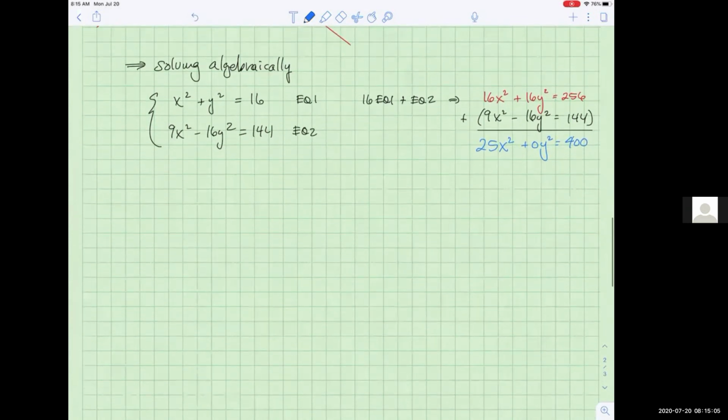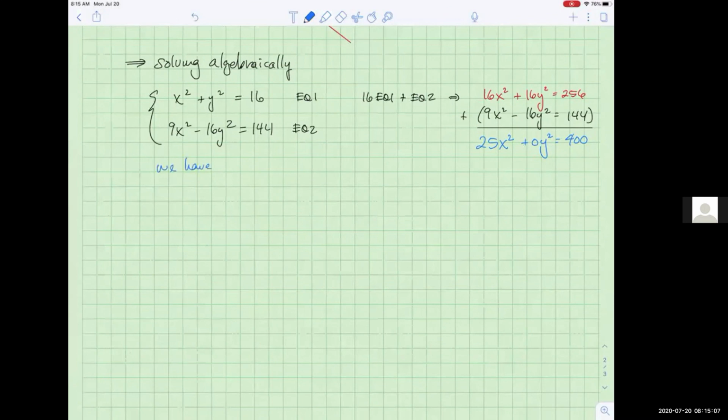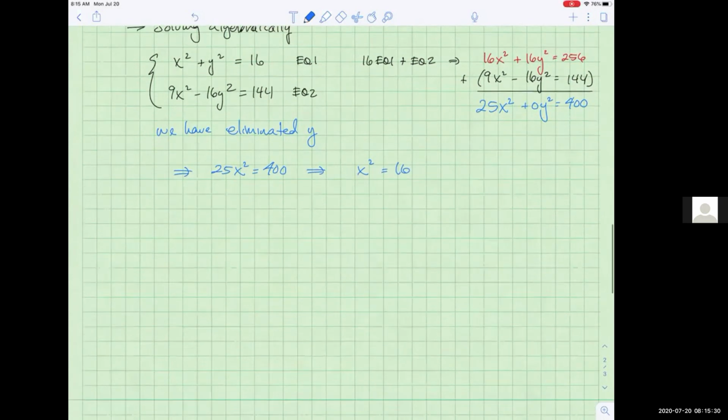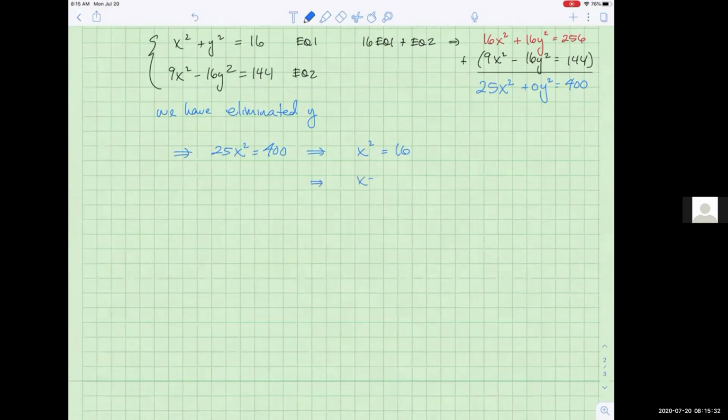So we have eliminated y altogether from this equation, and we have 25x squared equals 400. So as we solve that, we get x squared is equal to 16, or x is equal to plus or minus 4.